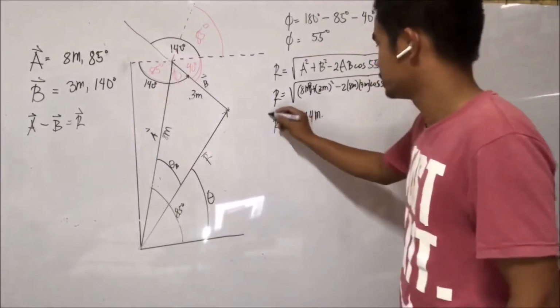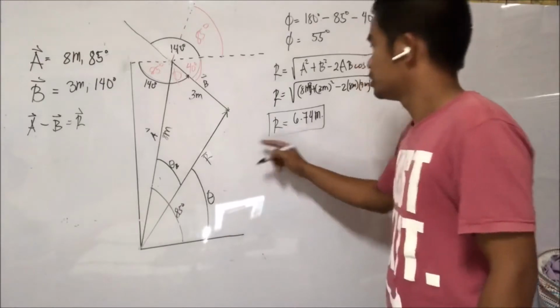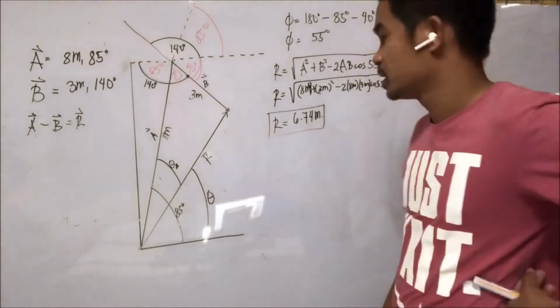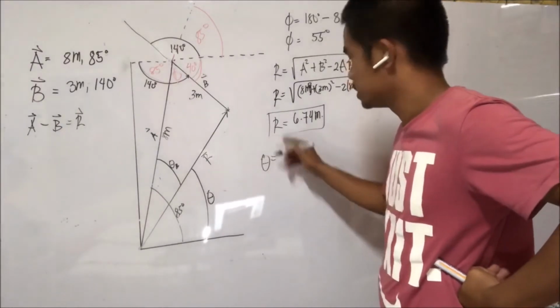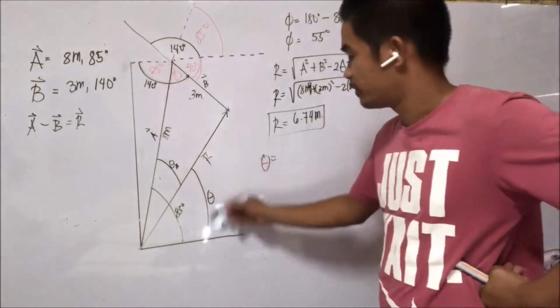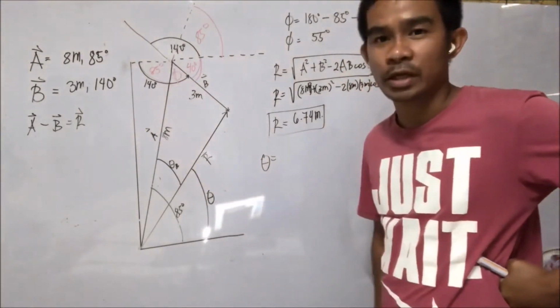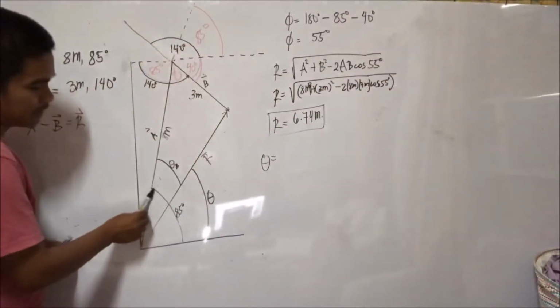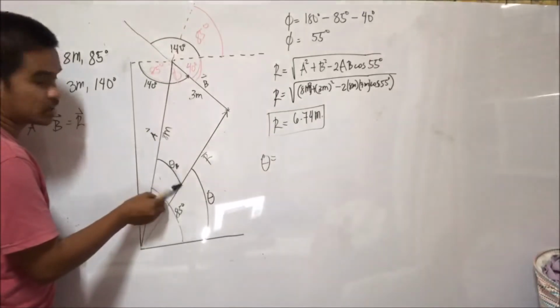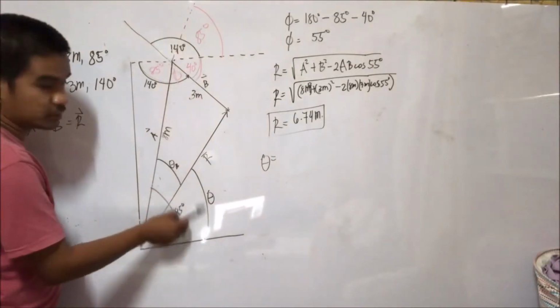6.74 meters. So we have now the magnitude of vector R. So next, how about theta as the direction of vector R from positive x-axis in counterclockwise direction? Now, if we subtract 85 degrees by this angle theta B, then we can solve for theta.